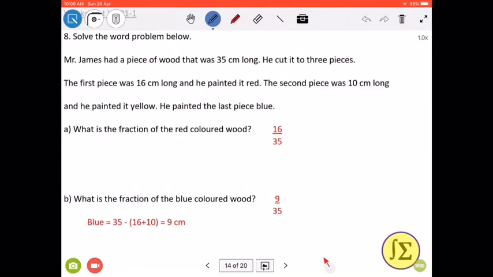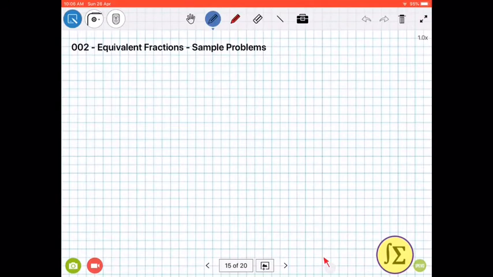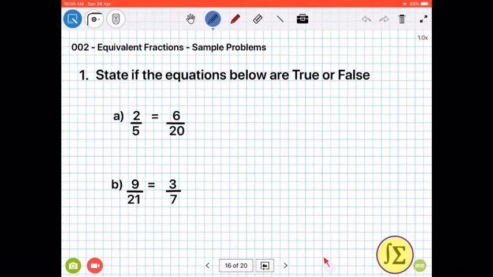Okay, let's look at some sample problems on equivalent fractions. Okay, state if the equations below are true or false. If the question does not ask you to show it graphically or draw a diagram, you can just use the tip I gave you just now, right?